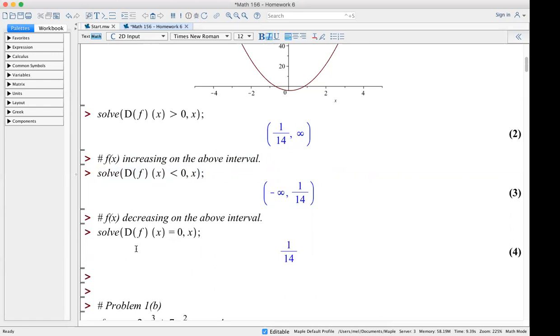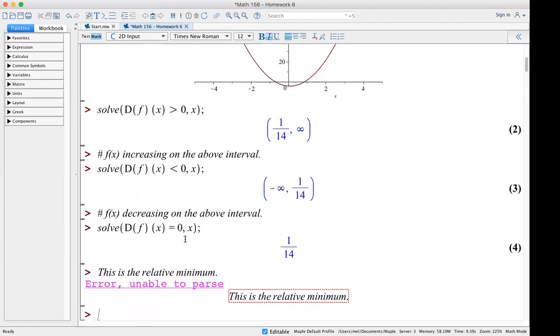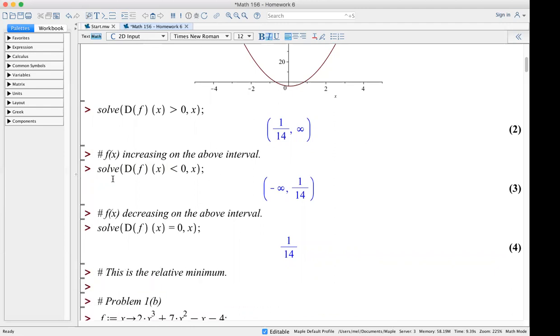So x equals 1/14. In fact, we know it's decreasing then increasing, so this is the relative minimum. Let me comment that by putting this here.